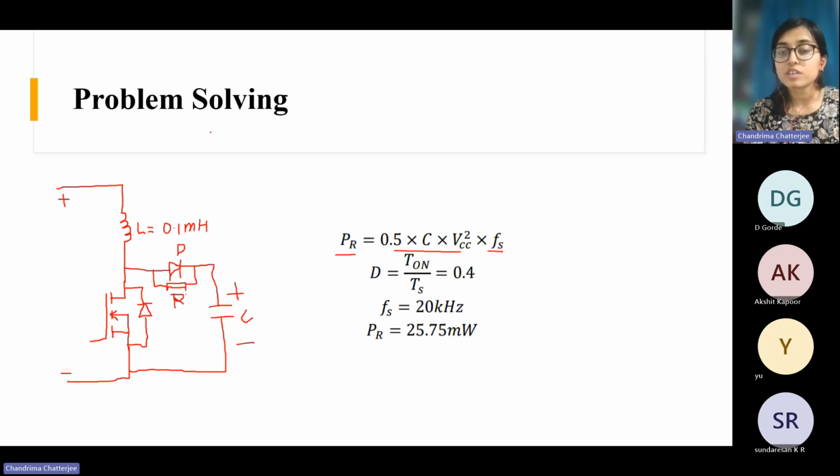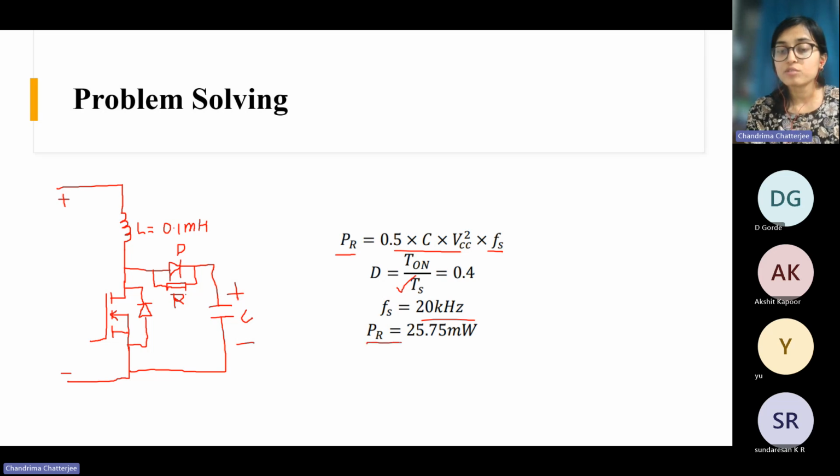The on duration was 20 microseconds, and your duty is 0.4, so you can find out TS from here. Fs is the reciprocal of Ts, which is 20 kilohertz. So you have all the data: the C value, the VCC value, and the frequency value.